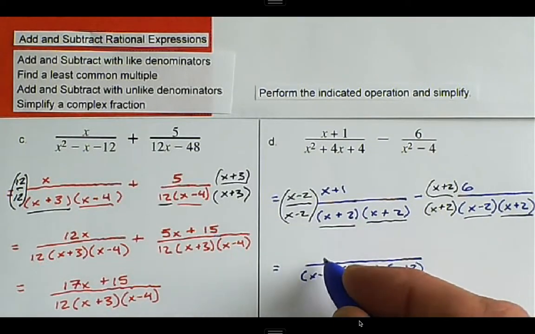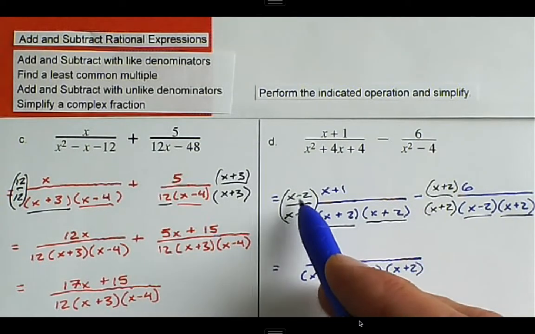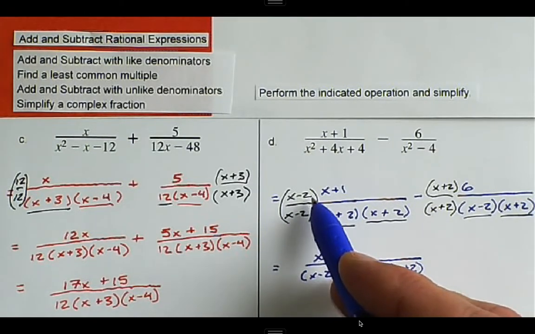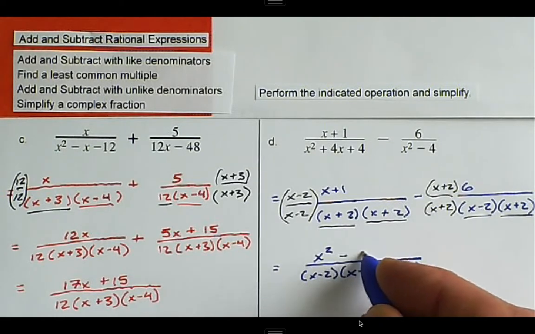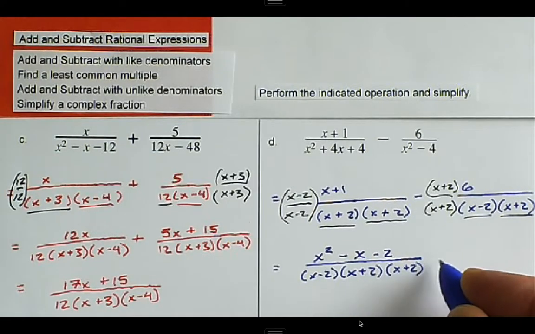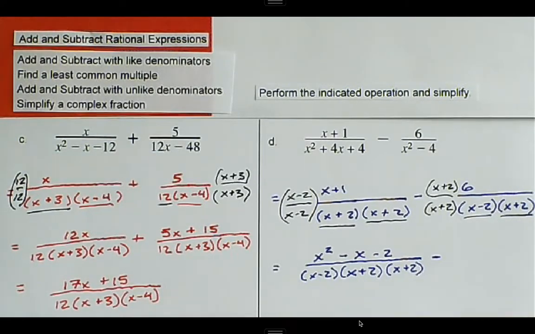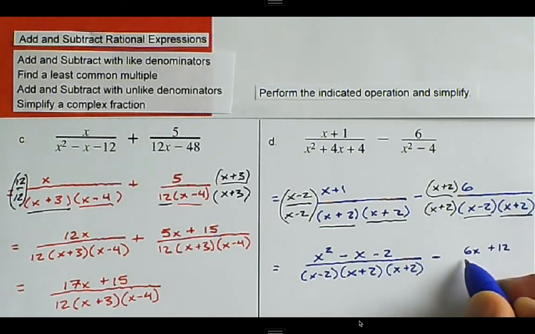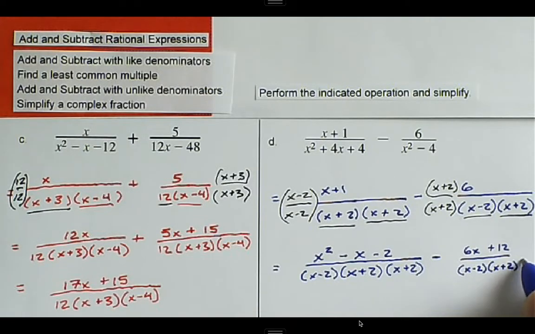So x times x is x squared. x times 1 is 1x, and x times negative 2 is negative 2x. So those combine to get negative x. And negative 2 times 1 is negative 2. Still have our minus sign there. And so we can distribute the 6 into the binomial there. So we get 6x plus 12. And our denominator is the same: x minus 2, x plus 2, x plus 2.